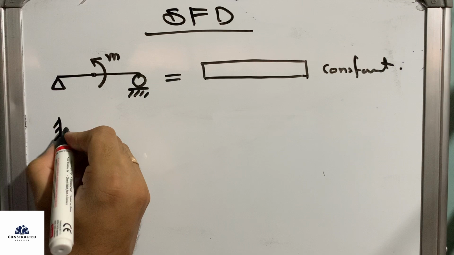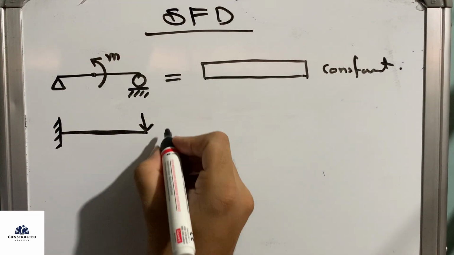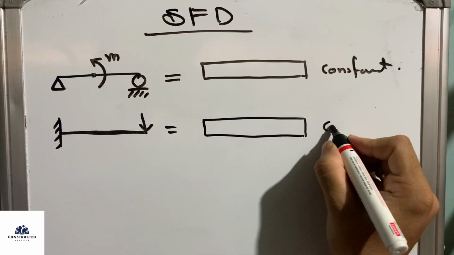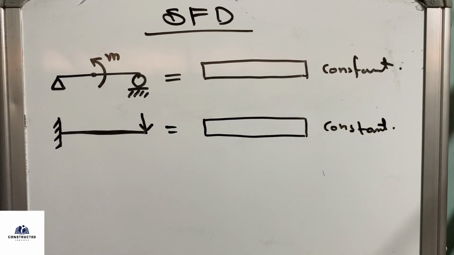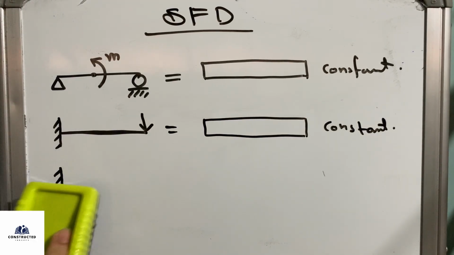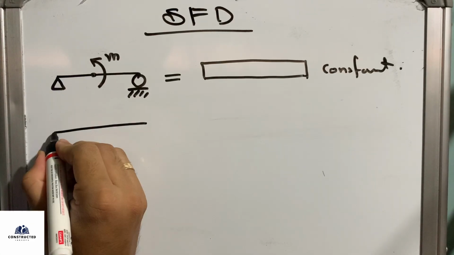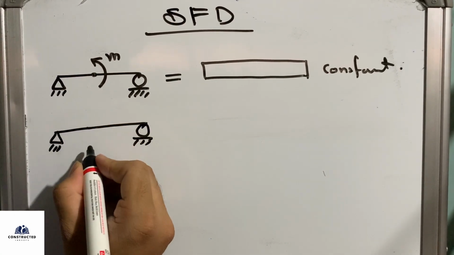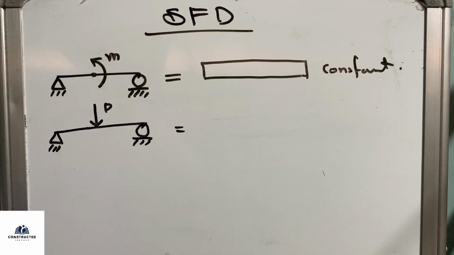Now next, move to a cantilever beam with point load at the free end. The diagram will be again constant. That you have to remember. For cantilever beam with point load it is constant. Now let's draw another one, which is simply supported beam having point load at the center.